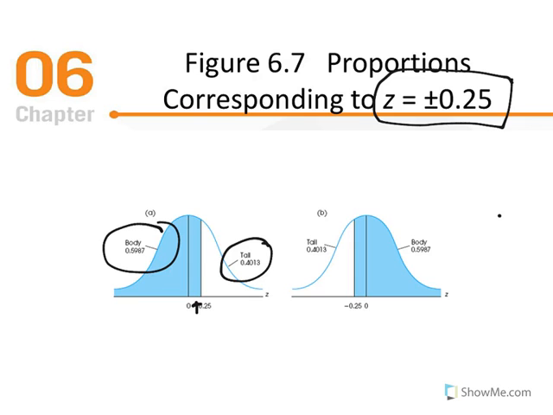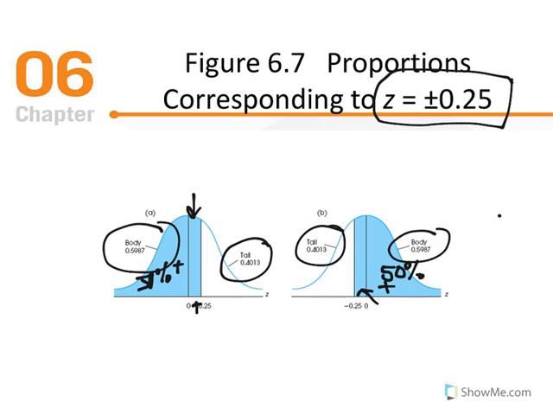Again, it always includes 50% plus this area here, which we refer to as the proportion between the mean and the z. Now, if we look at it in terms of a negative z-score, again, we have the tail here. Now it's on the left, and the body is on the right. And again, that is 50% plus this area, which is the area between the mean and the z-score.